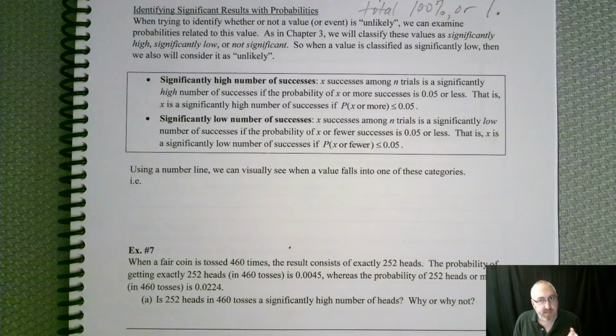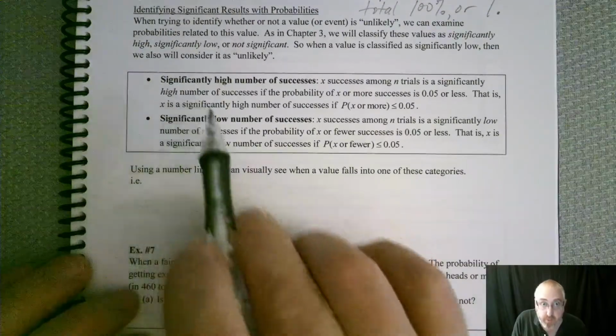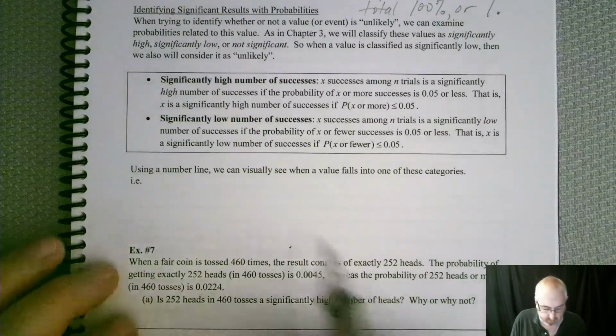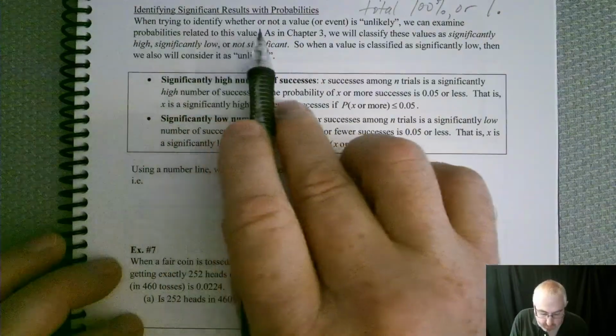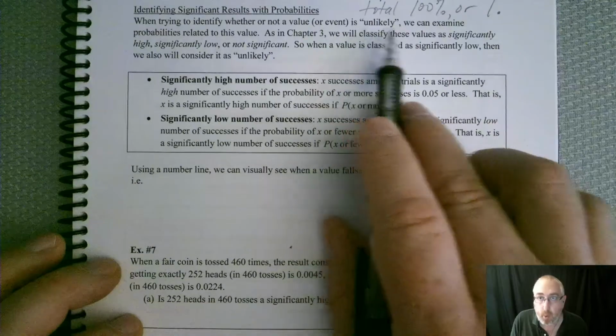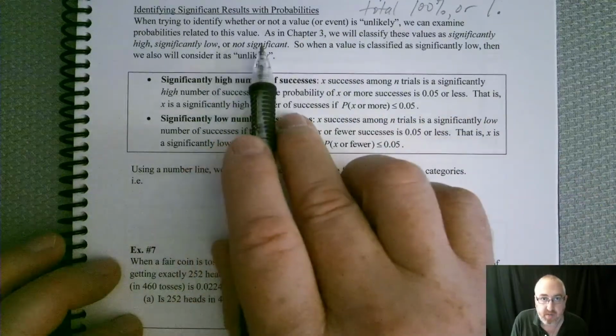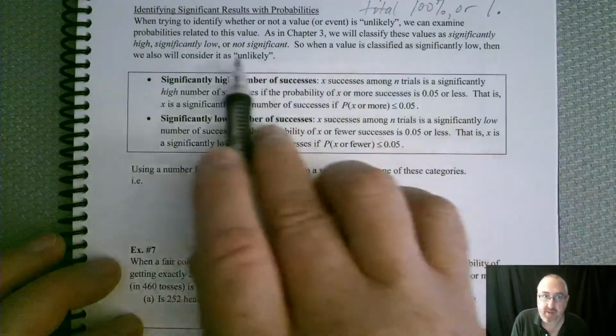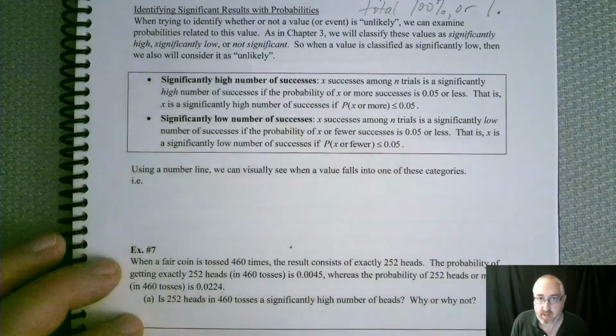We have something similar to that when we're talking about probabilities. So let's just read through this, and then I'll show you a picture that will hopefully give you a better view of what this looks like. So when trying to identify whether or not a value or event is unlikely, we can examine probabilities related to this value. As in chapter 3, we will classify these values as significantly high, significantly low, or not significant.